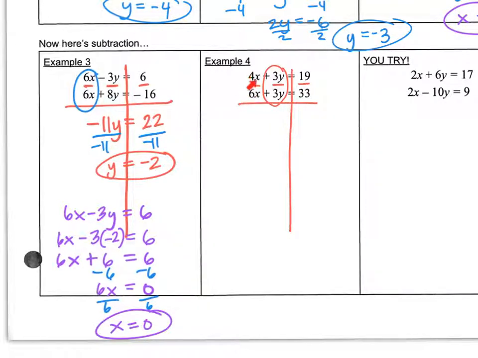So we're doing this one right here. It's subtraction. Right, so a common mistake I'll see is some of you will add it. But if you subtract it to get rid of the y's, you have to subtract everything. So 4x minus 6x is negative 2x. 19 minus 33, what is that, negative 14?